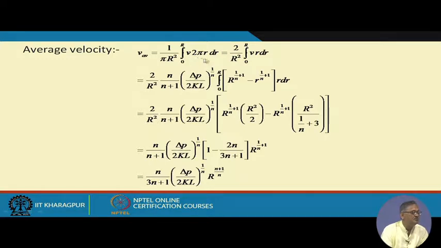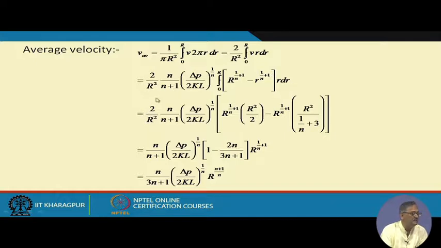So, V into 2 pi r into dr. That becomes 2 by r square, integral 0 to r of V r dr. Substituting the value of V, it becomes 2 by r square, n by n plus 1, (delta p by 2 k L) to the power 1 by n, the integration between 0 to r of capital R to the power 1 by n plus 1 minus r to the power 1 by n plus 1, times r dr.